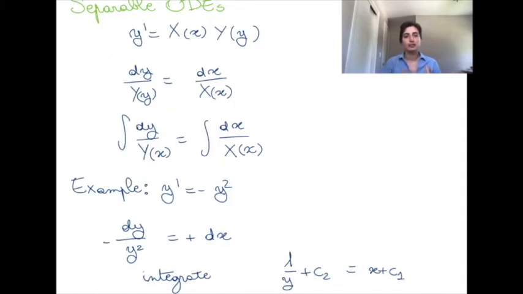Let's look at another group of ODEs. They're called separable ODEs. You have a first order ODE in which y prime is equal to the product of two functions, one being a function of only x, the other being a function of only y.